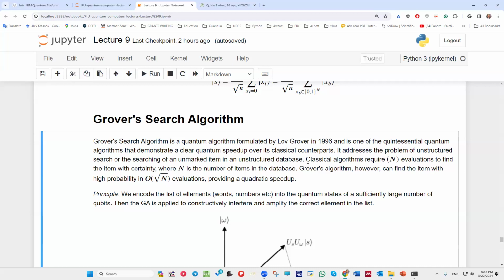The Grover search algorithm is about searching for a particular element in a non-structured list of elements. These elements can be, for example, words, numbers, phone numbers, or some other elements, just a non-structured list.